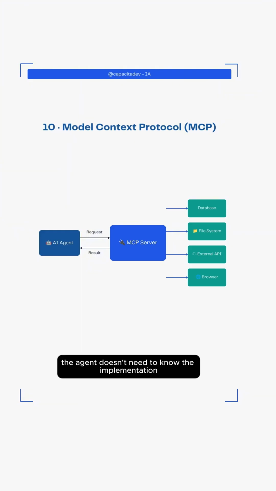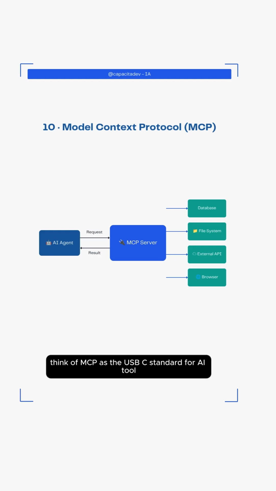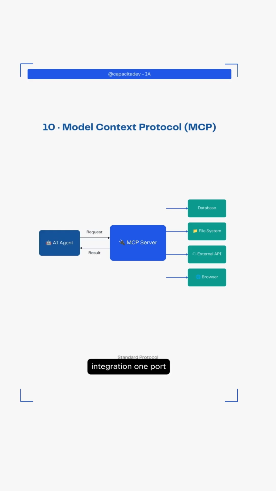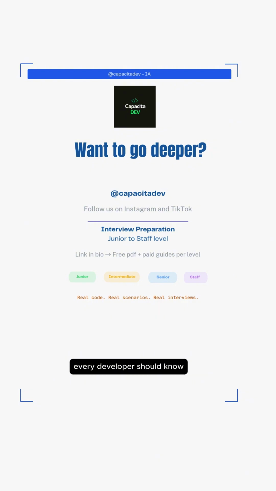The agent doesn't need to know the implementation details of each tool. It just speaks the protocol. Think of MCP as the USB-C standard for AI tool integration. One port, any compatible device. This makes agents highly extensible without ever touching the core agent logic. That's the first 10 agentic engineering concepts every developer should know.